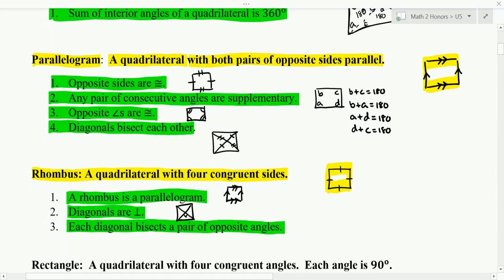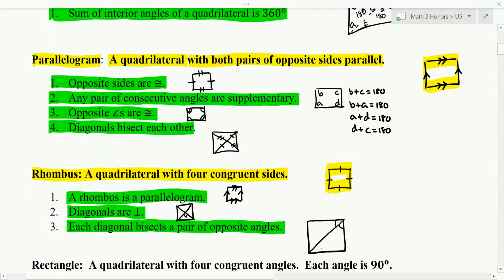And then each diagonal bisects a pair of opposite angles. So here's a diagonal. So it bisects this pair. So the diagonals are angle bisectors, not only on one, but on the other as well.